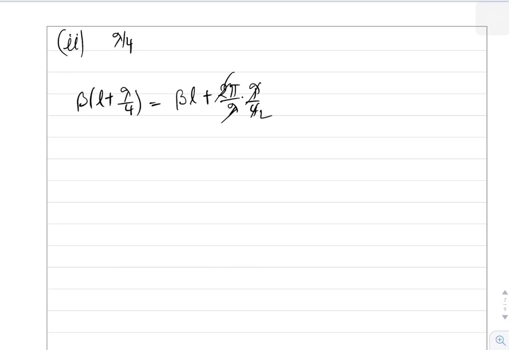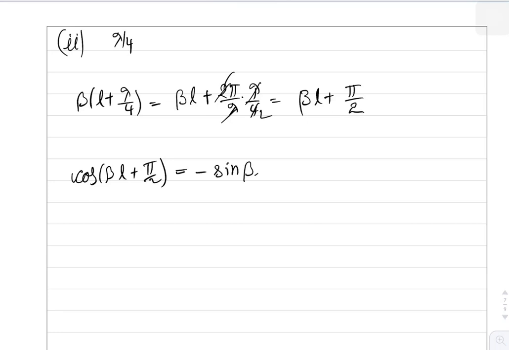Lambda will get cancelled, 2 ones, 2 twos, therefore it is beta L plus pi by 2. If I write cos of beta L plus pi by 2, then it is equal to minus sine of beta L. Similarly, sine of beta L plus pi by 2 is cos of beta L.